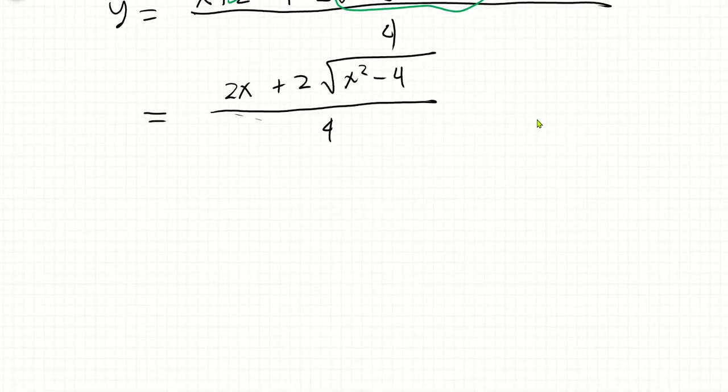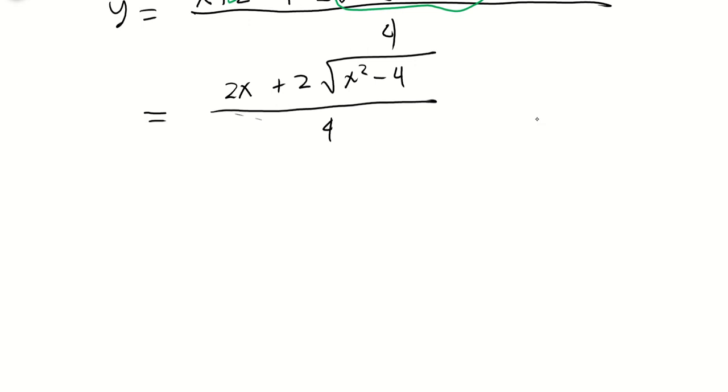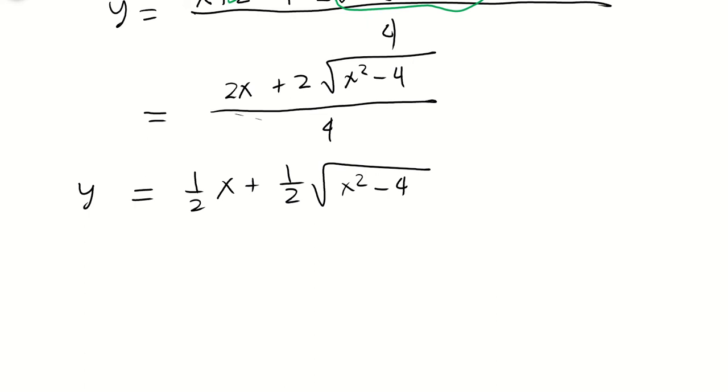And we can still simplify, we can cancel out 2. So y will be equal to 2 over 4, and that's 1 half x plus 1 half the square root of x squared minus 4. Then we can now apply the derivative from here. So this is much simpler than the first one.